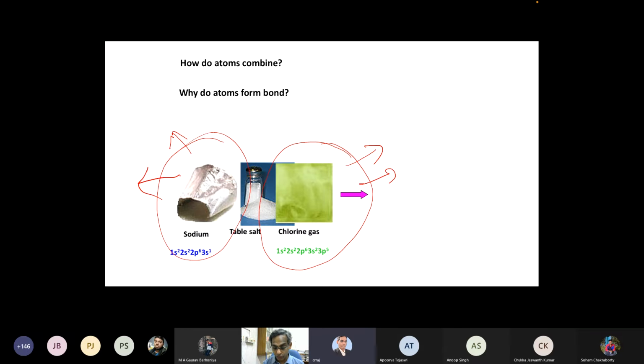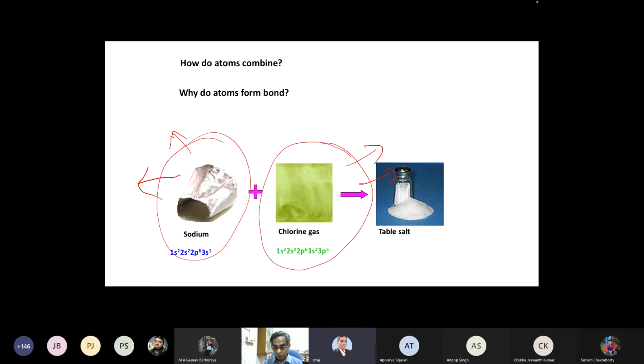What I get here is sodium chloride. That's what we call table salt. Now you cannot do anything with sodium and chlorine, but you have a beautiful table salt. Everybody will agree that without table salt, you cannot eat food.